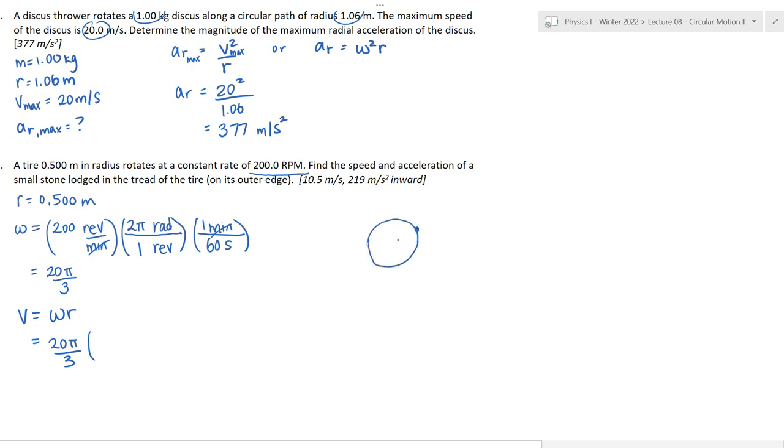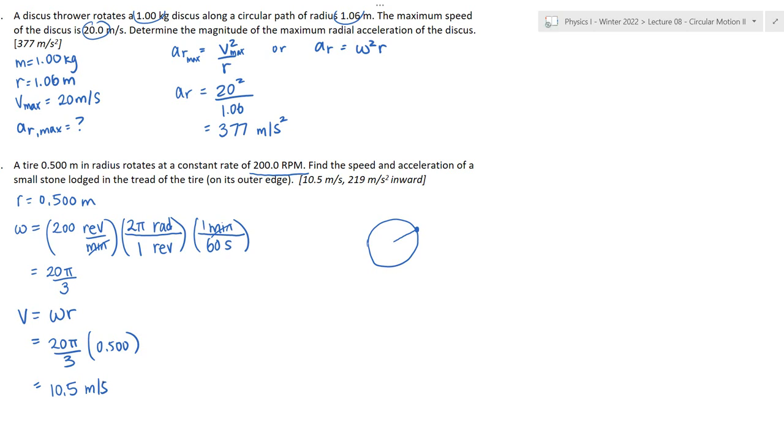So the radius of the circular path that the stone travels is just the radius of that tire. So 0.5 meters. And so when I type that up, I get 10.47, or rounded, I'll say 10.5 meters per second. So that's my speed, and I also want the acceleration.